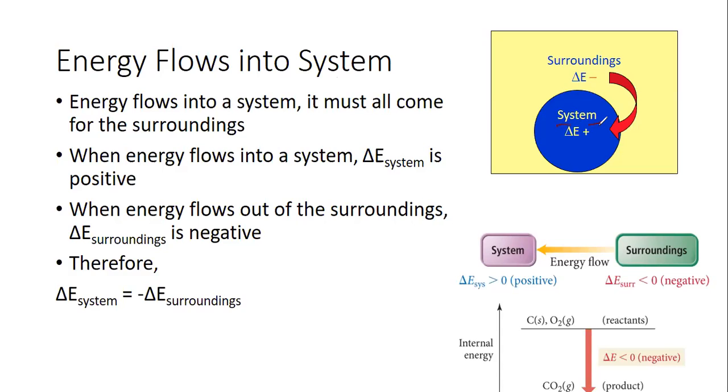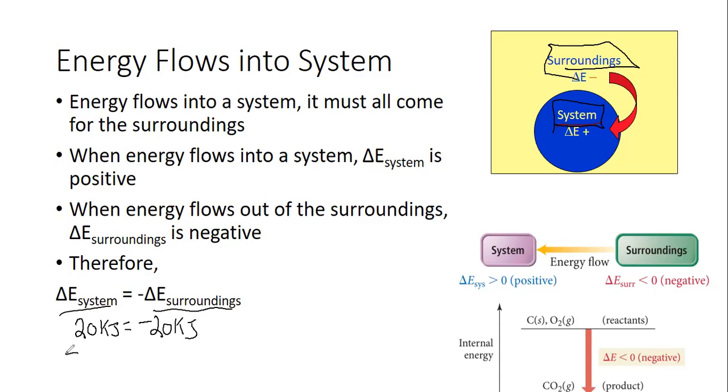Therefore, the change of energy of our system is equal in magnitude to the change of energy of our surroundings, just a different sign. So for example, if our system gained 20 kilojoules, the surroundings had to lose 20 kilojoules.